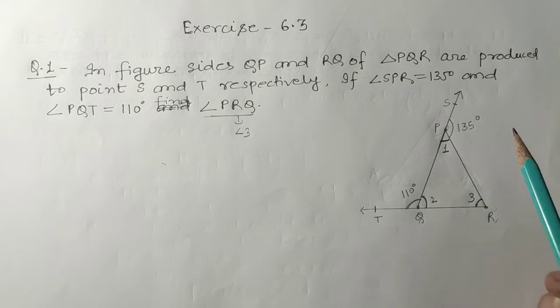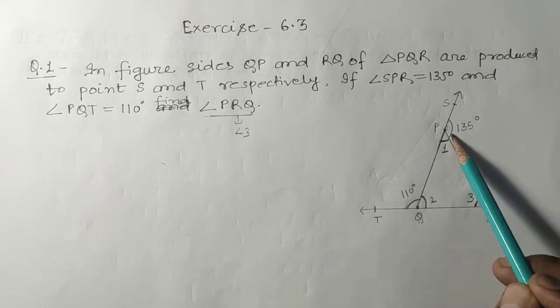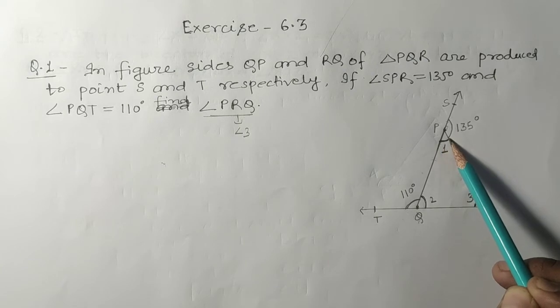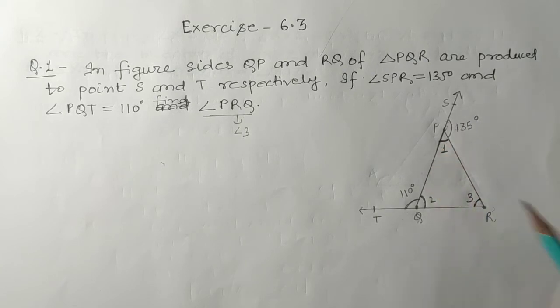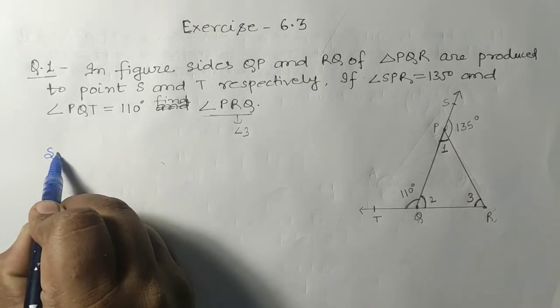See students, this is angle 135 degrees and this is angle 1, but both the angles are on the same straight line. So what will we write in the solution?